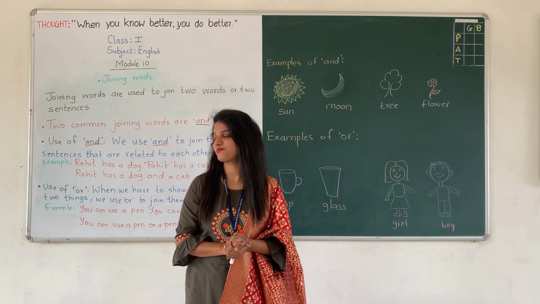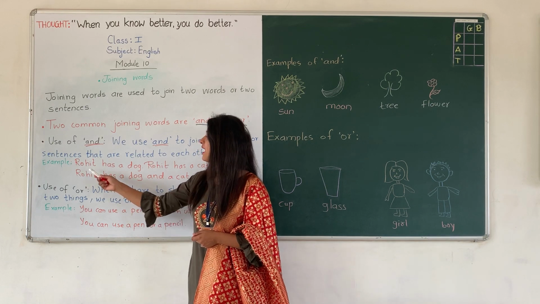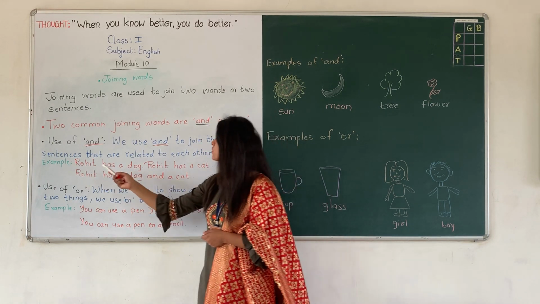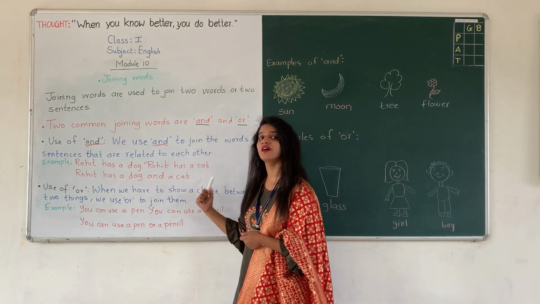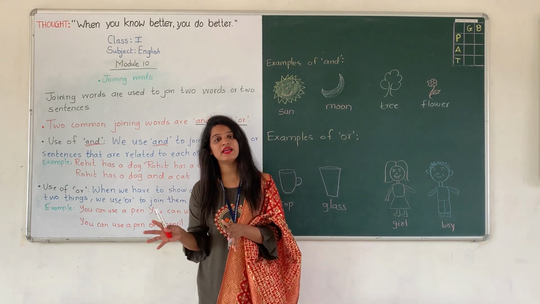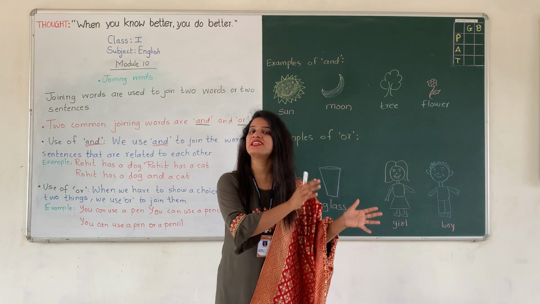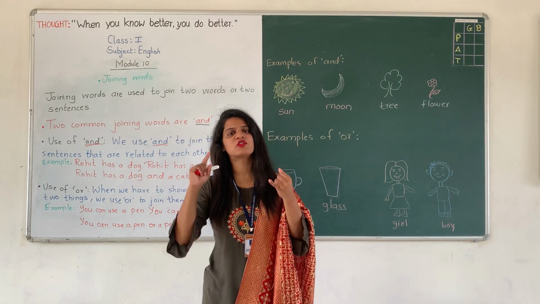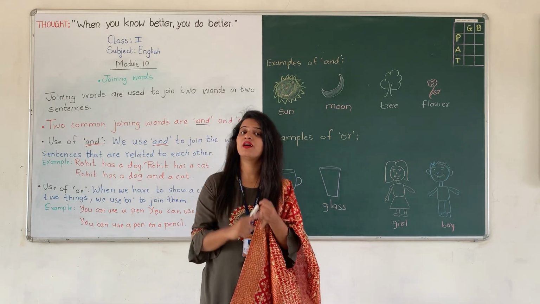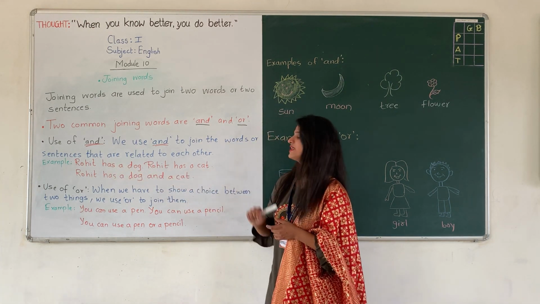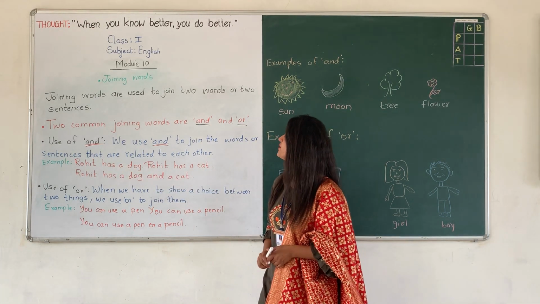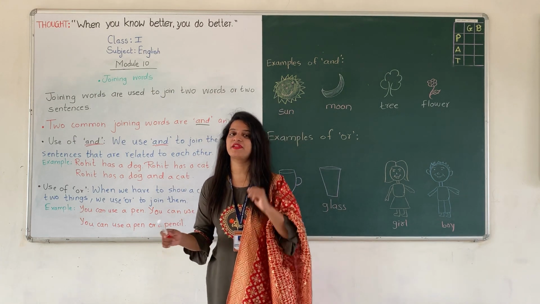Always remember that. For example, I have given here: Rohit has a dog. Rohit has a cat. Now Rohit has a dog as well as a cat, means he has a dog and a cat, right? But over here, in the first version, we have written the sentences separately.